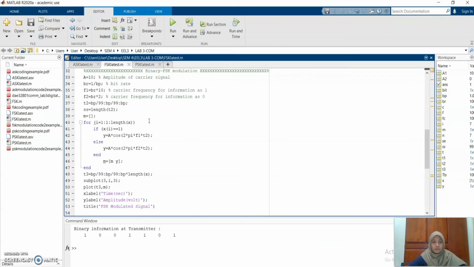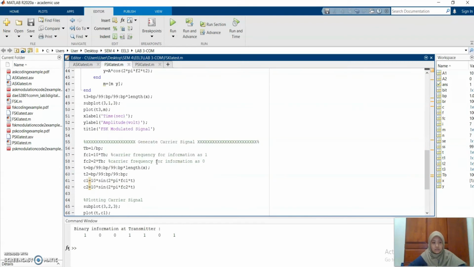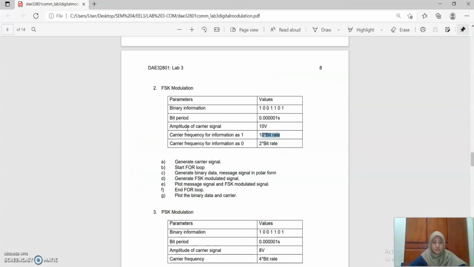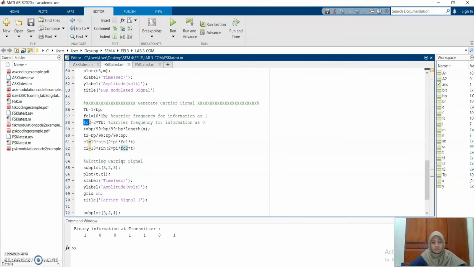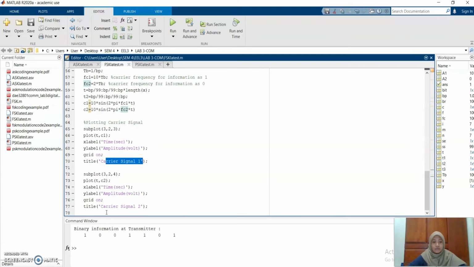After we declare the variables and values, we need to generate the carrier signal. Same as ASK modulation, the values of F1 and F2 are already given. Because FSK modulation has two carrier frequencies, for information 1 and information 0, the carrier signal graph will have two: carrier signal 1 and carrier signal 2.